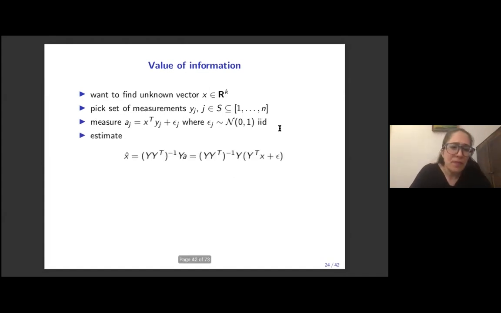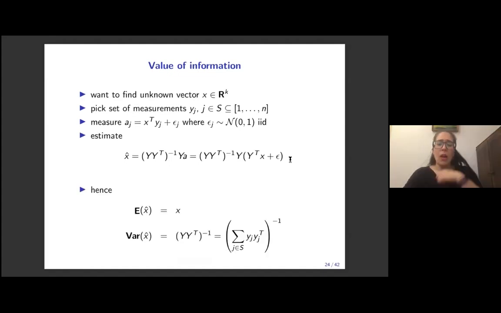Now I'm going to estimate the unknown vector just using a least squares fit. Here's my estimate for the unknown vector in terms of the known matrix y, and it looks like this.